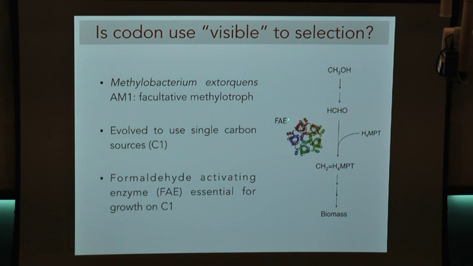And we're focusing on this enzyme called formaldehyde activating enzyme, which is an enzyme that is necessary to make use of methanol and break it down, right? So without FAE, these bugs cannot grow. And if we mess with FAE and we change the codons in FAE, we can then ask questions about what is the fitness impact of codon use.